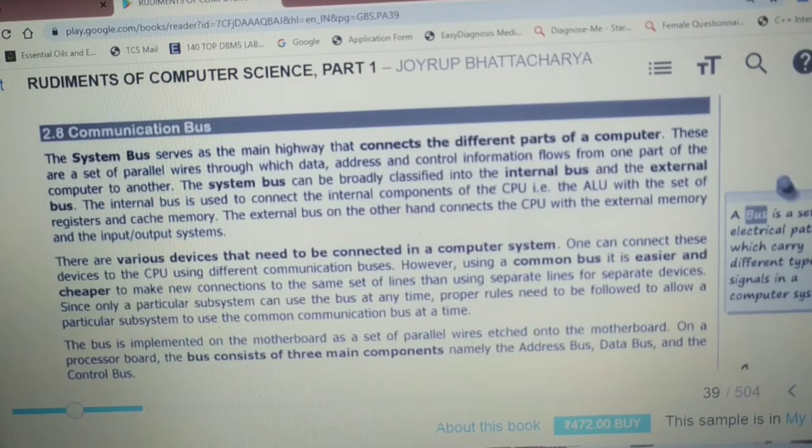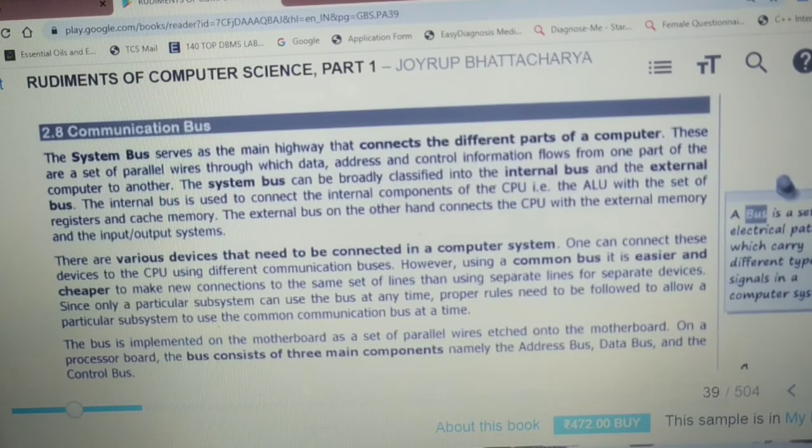The system buses are broadly classified into two types: one is the internal bus, another is the external bus. What is the purpose of an internal bus? Internal buses are used to connect the internal components of the CPU, that is the ALU with the set of registers and the cache memory.